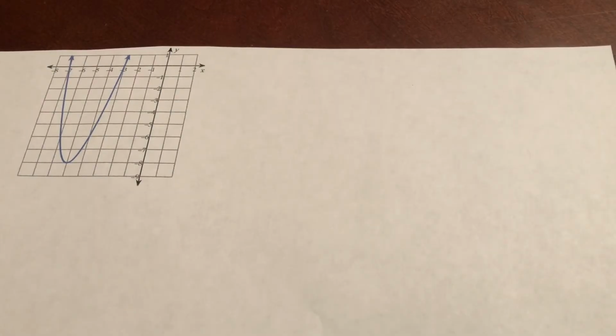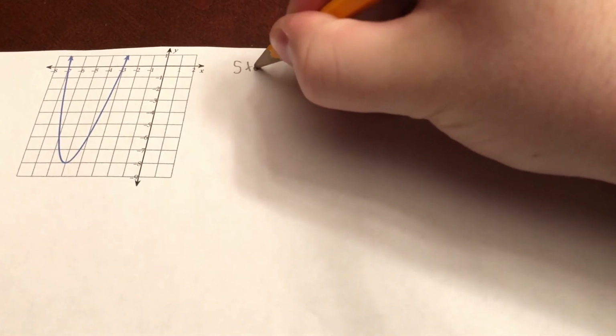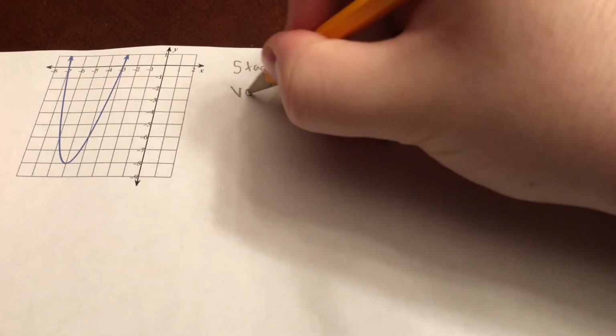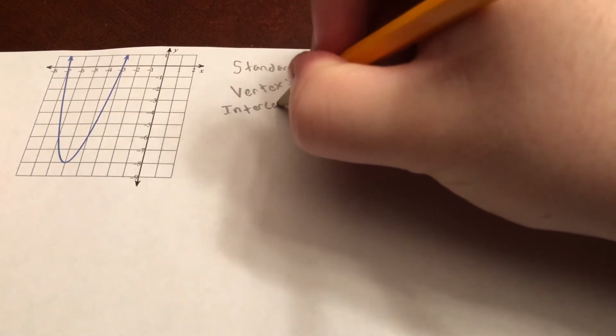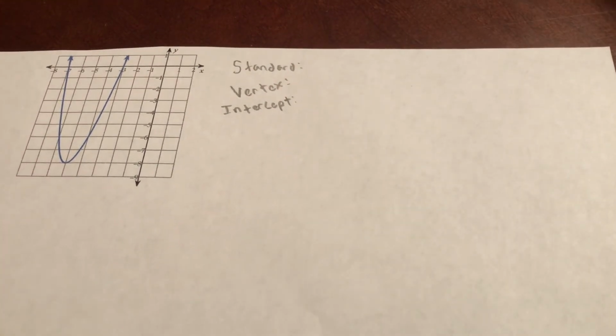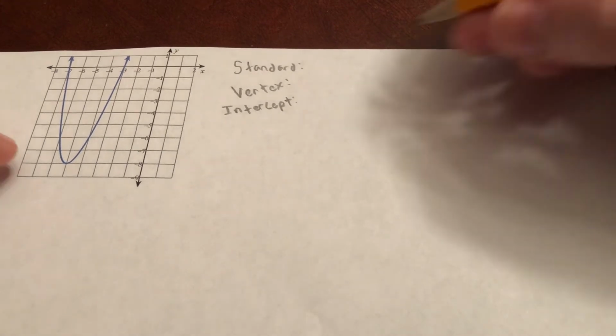Now what if we were given the graph? If we're given the graph, we could use this graph to try to identify the standard form, the vertex, and the intercept. I know that for the standard form, I have to use the vertex and the intercept to get there.